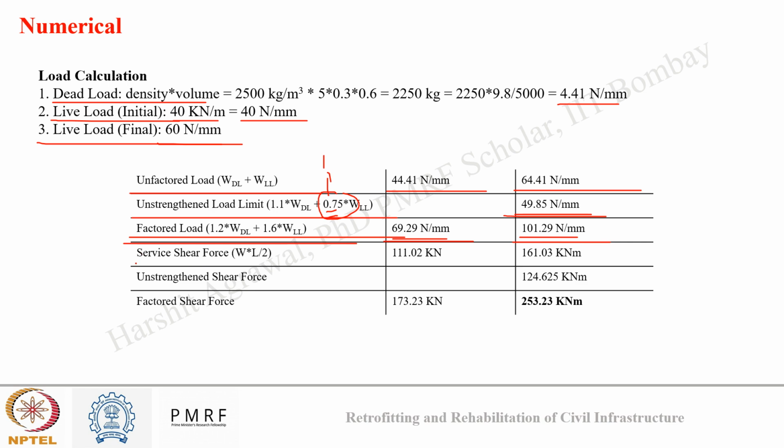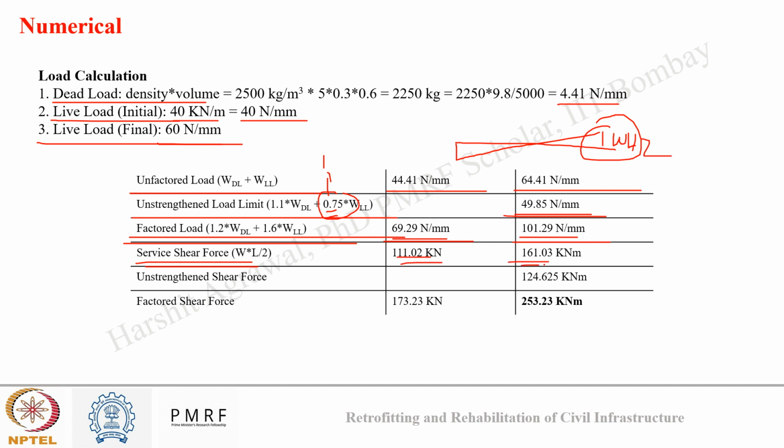Based on the load value, I can calculate the shear force for a uniformly loaded beam. At the edges, the shear force will be maximum, and at the center, the shear force will be minimum. This value is nothing but WL by 2. I have written here what the value is.